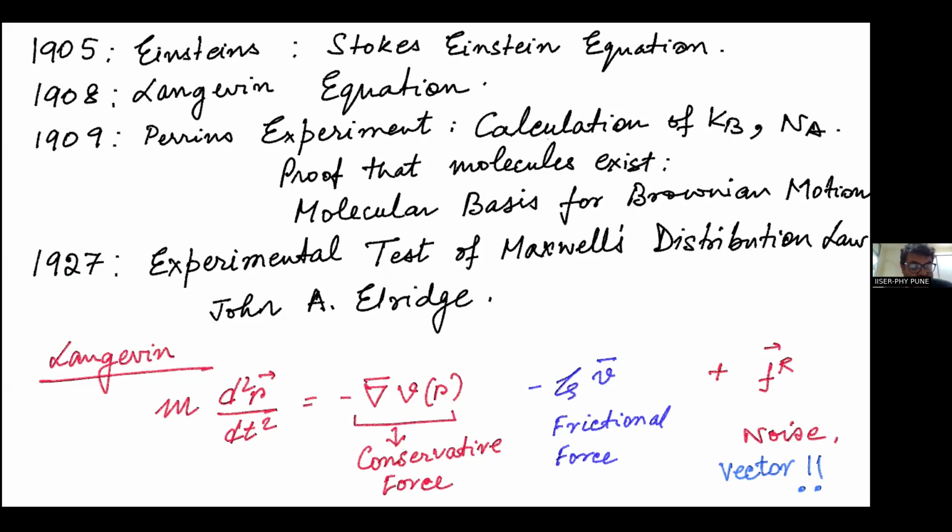You might know the gas constant to great accuracy. And that was found in 1909 in Perrin's experiment. He not only found the value of KB by figuring out the value of Na, the theory that he used already had the idea of molecular collisions. So in an indirect way, there was a proof that molecules exist.